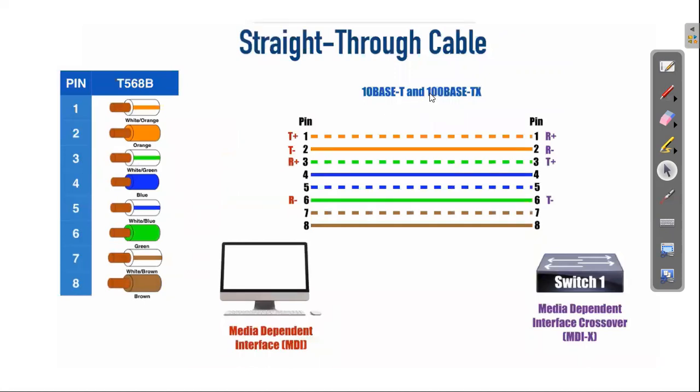Let me show you. What is straight-through? Straight-through cabling means we are connecting both ends of the cable in the same color coding order. What is the color coding? White orange, orange, white green, blue, white blue, green, white brown, brown. So this is the color coding order, right? We have to do the cabling, or we have to crimp, according to the color coding.